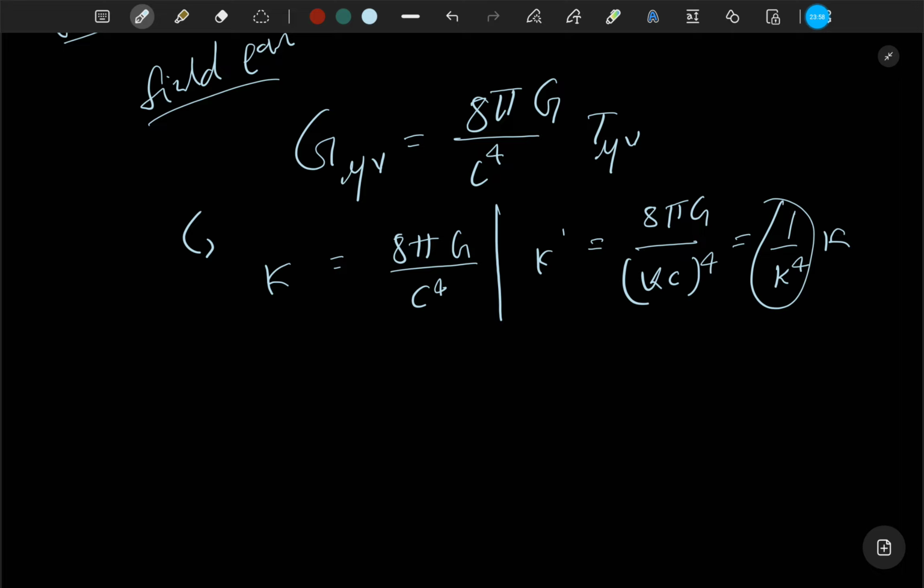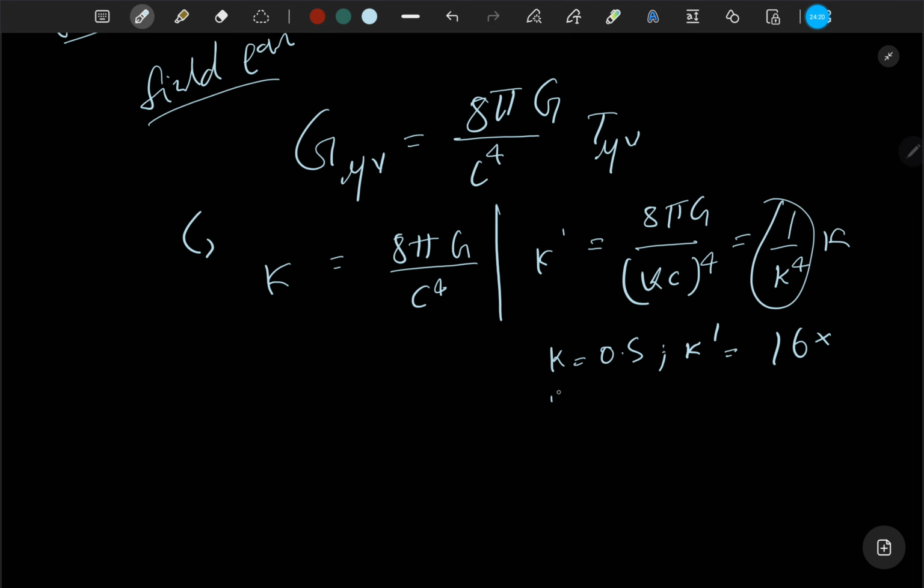So let's say if k is 0.5, then kappa dash is 16 times larger.